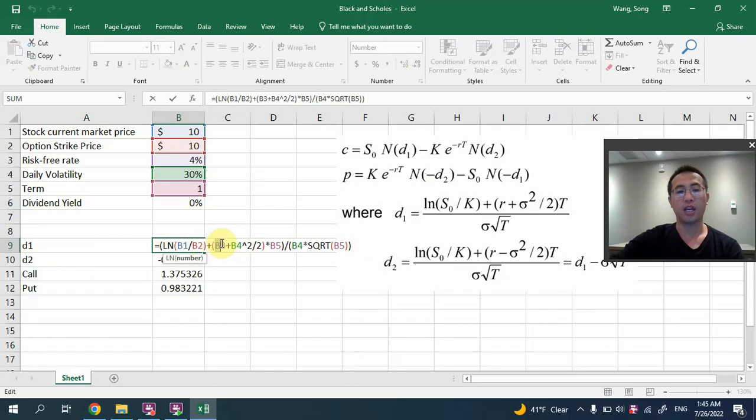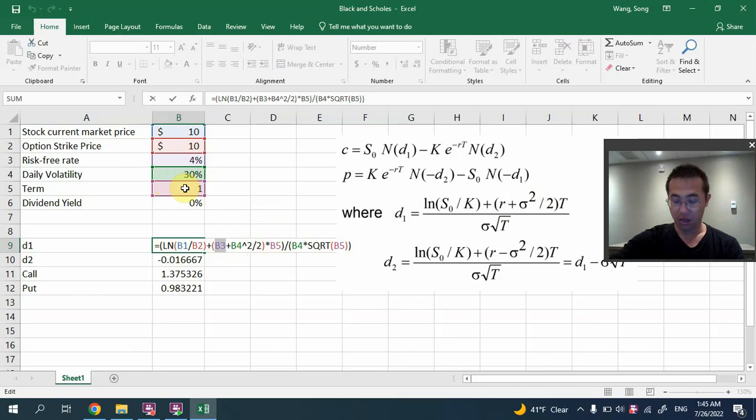And then don't forget to use the parentheses, and then you're gonna add this part, which is the risk-free rate 4% plus the squared standard deviation of the stock 30%. That's very easy to estimate. Divided by 2, and then times number of terms.